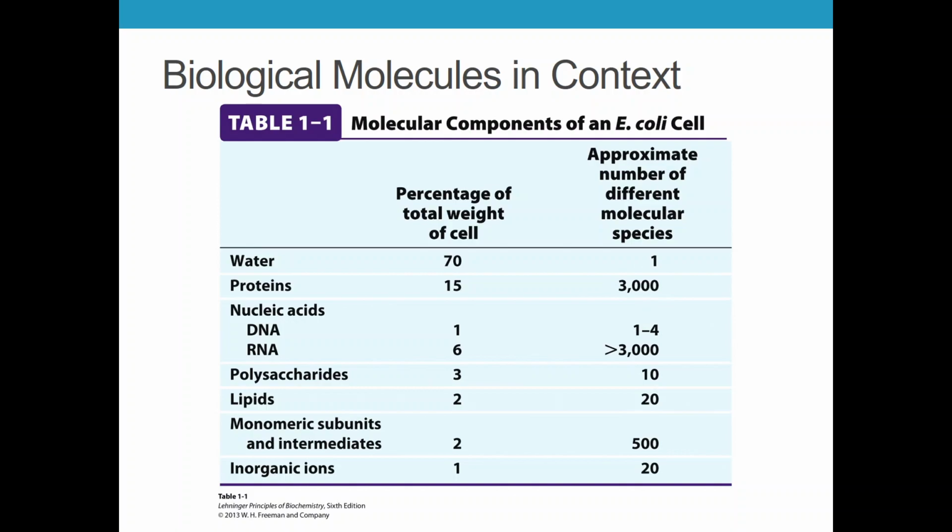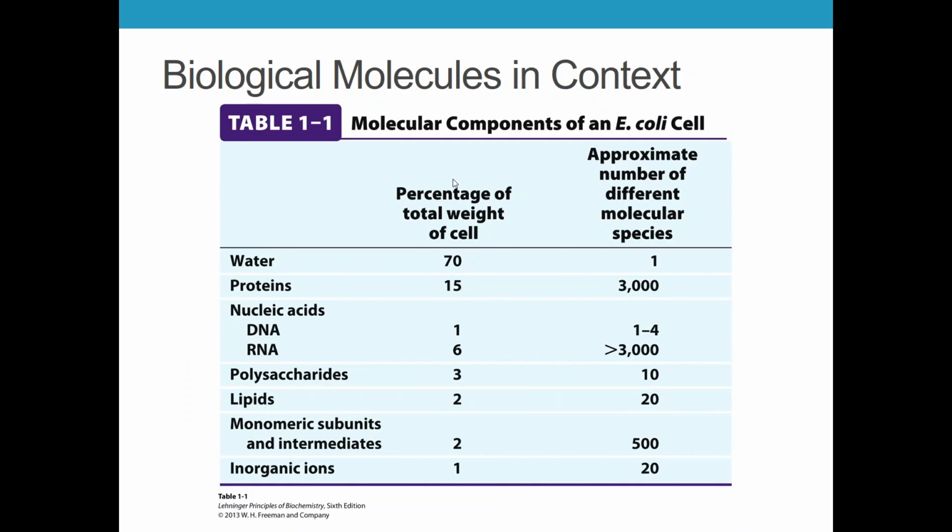And for reasons we'll talk about later in this course, proteins can be very diverse. And you'll see why that is when we move into later chapters. But this contrasts water, where there is only one kind of water. Water is water, it's H2O. But in E. coli, which is what I'm showing you here, you have about 3,000 different kinds of proteins.